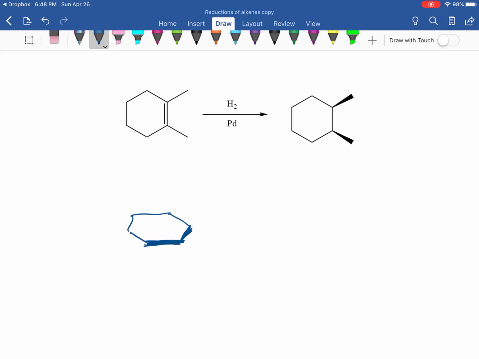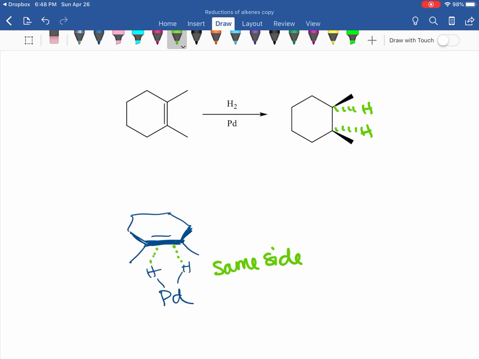All right, let's show one with stereochemistry just so you can see. This is what I mean. So by the time you add those hydrogens, if you picture this ring, and we kind of picture it in 3D, and maybe it's facing out at us, and we've got that double bond here. So now if your palladium is on the top or on the bottom, and here's your bonds to hydrogen, those new bonds that are forming, they're going to form on the same side of that double bond.